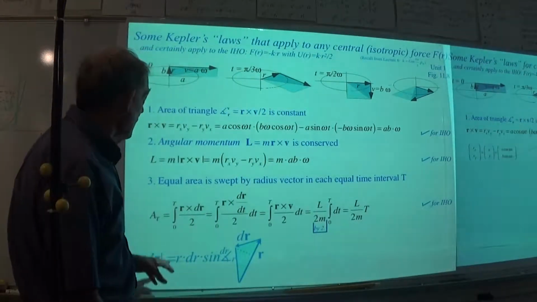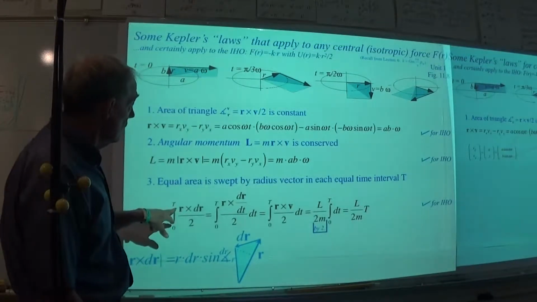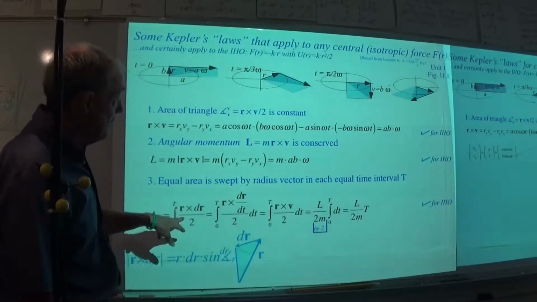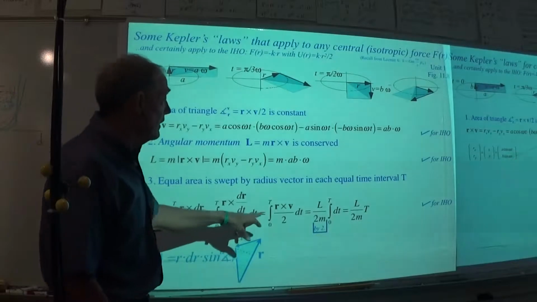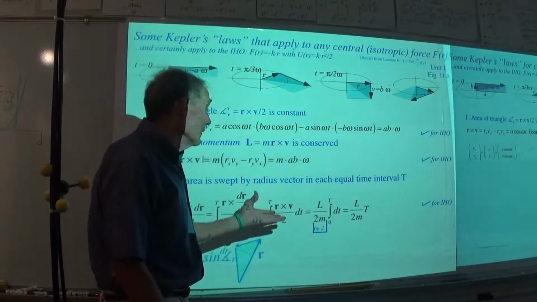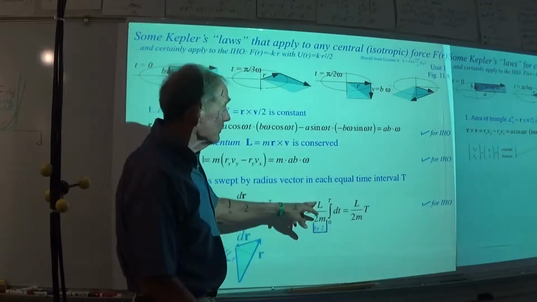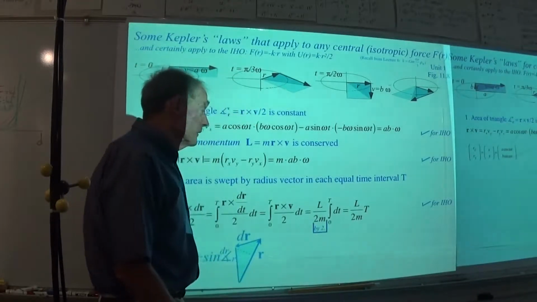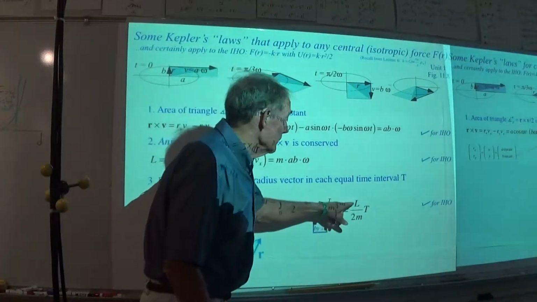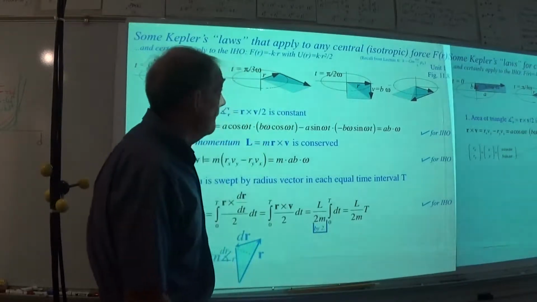So wherever you started and in a later time, you have here an integral of r cross v over 2. Well, r cross v over 2 is a big fat constant, and so you put that in and bingo, you just have the angular momentum times the time.